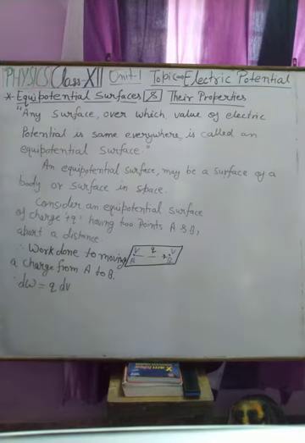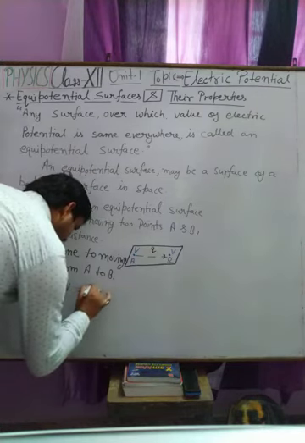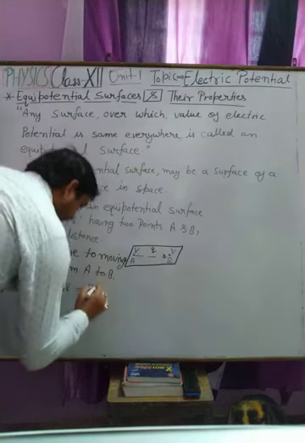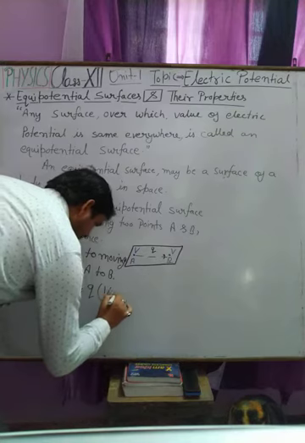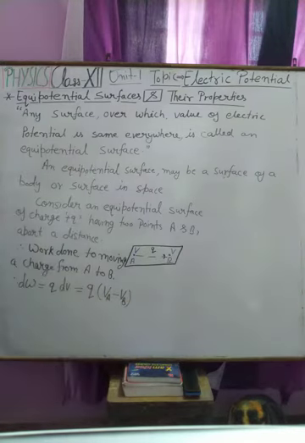Now this dV is the potential difference of points A and B, that is VA minus VB.